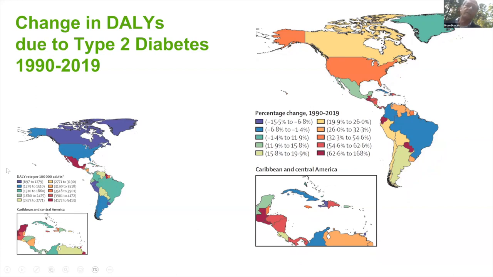So what that means is that the burden is large because we also demonstrated that this burden in the region is 20% greater than the world's burden. It's growing, as you can see here. The vast majority of countries, only the purple and blue didn't have an increase in burden. All the rest did. And it's expanding in the sense that it's affecting more countries which were less affected in the past.